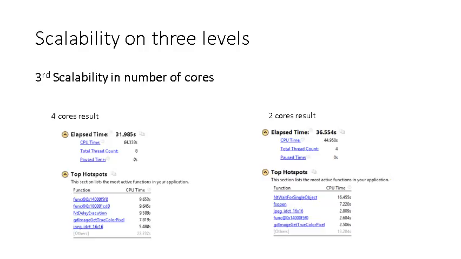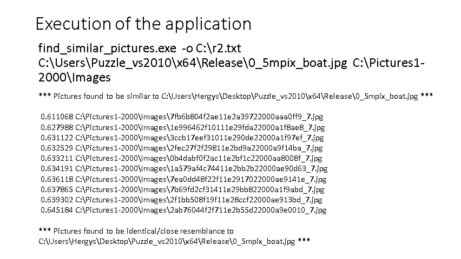In the 2-core we have an elapsed time of 36.5 seconds. Here we can see that we achieve more in the case of the 4-core result, which shows us that we are on the good road to achieve a solution.